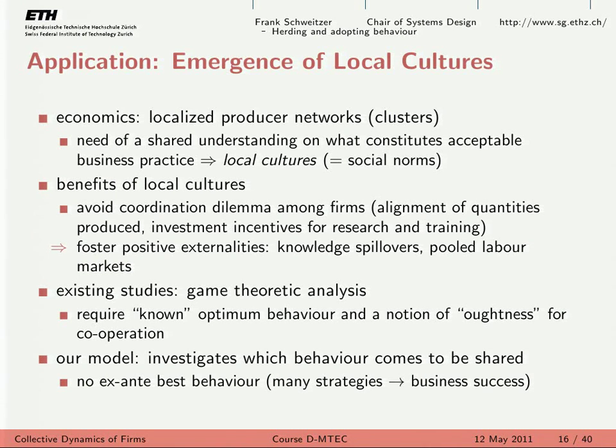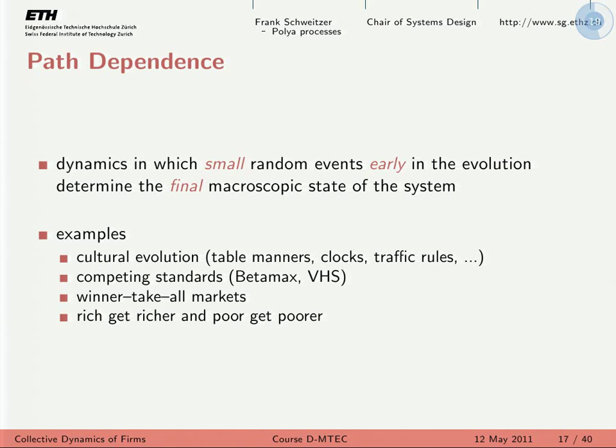And this means that the way we got there is very crucial. This is denoted as path dependence in general. So what does it mean?